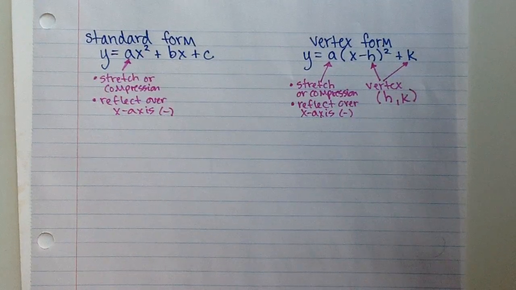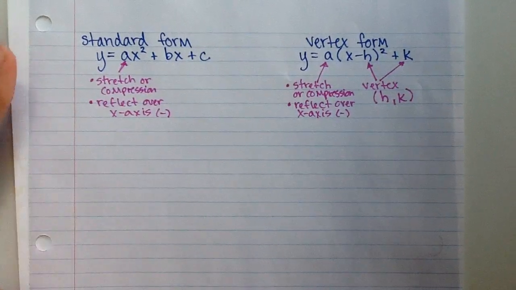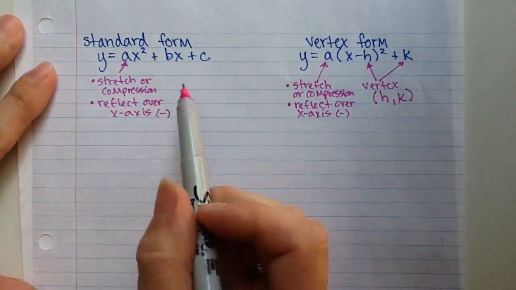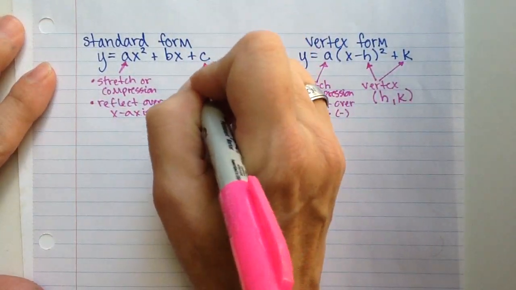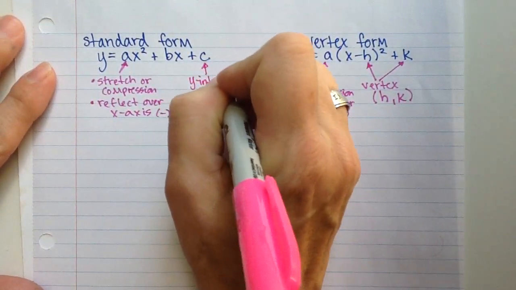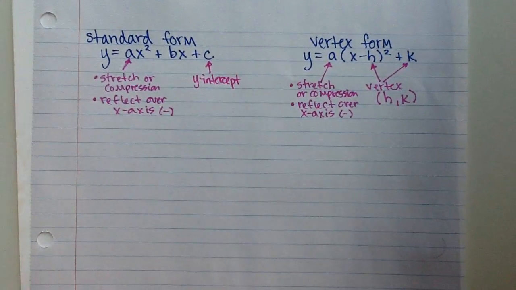Remember, to find the vertex, I have to do that opposite b over 2a for the x-coordinate and then plug it in to get the y-coordinate. But what I can tell right away is the y-intercept. So both forms kind of have information that you can tell by looking just at the equation and not doing too much work. But one of them is definitely easier for graphing.